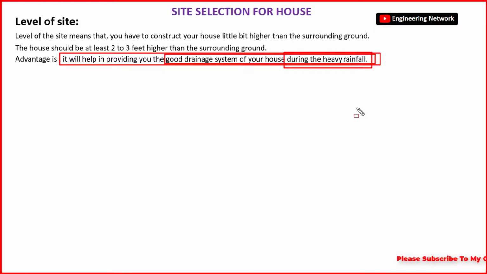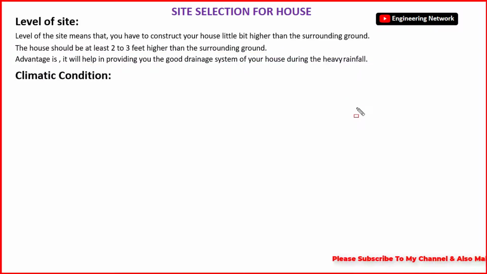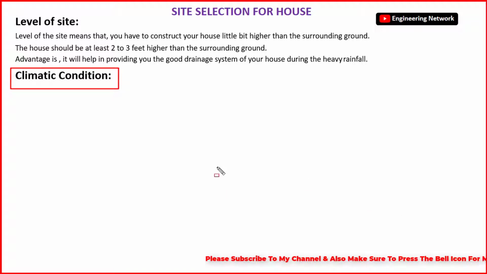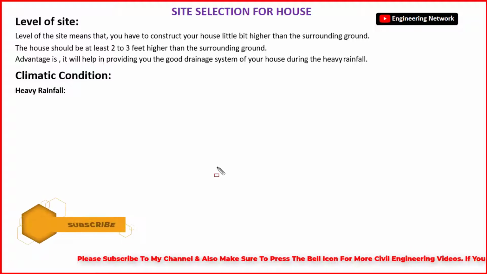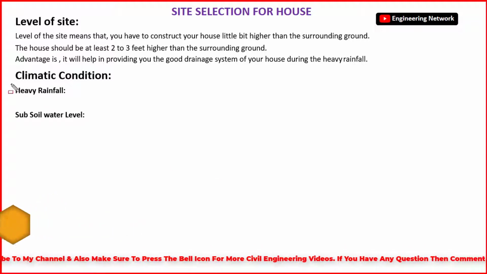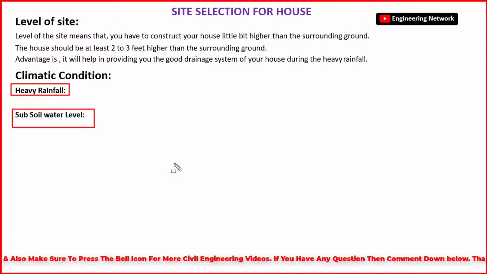Next factor is the climatic condition. In climatic condition, we have 2 things to discuss. First is the effect of heavy rainfall on your house and second is the subsoil water level, right?